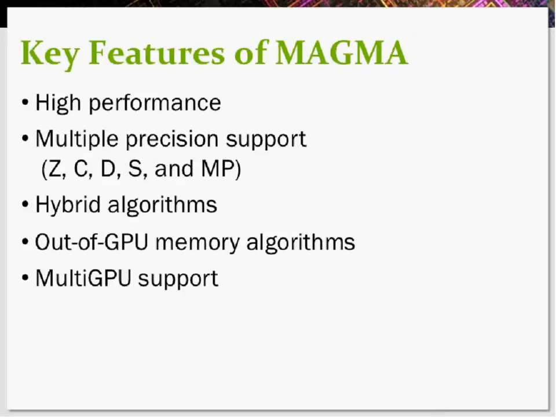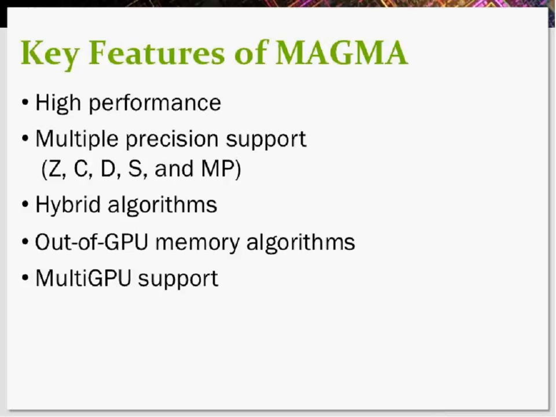So, key features of MAGMA. Of course, we do this for high performance. Then we have multiple precision support. These are the four standard precisions: double, single, double complex, and single complex, and we have several algorithms that use mixed precision also.